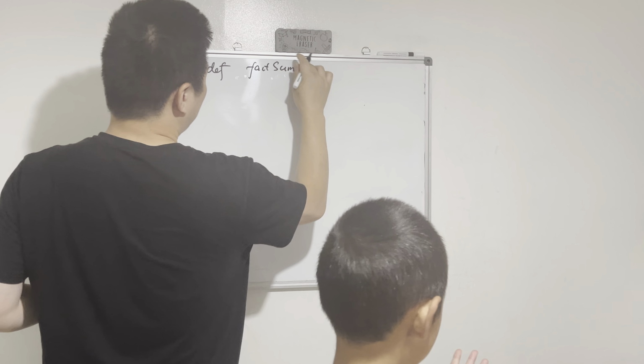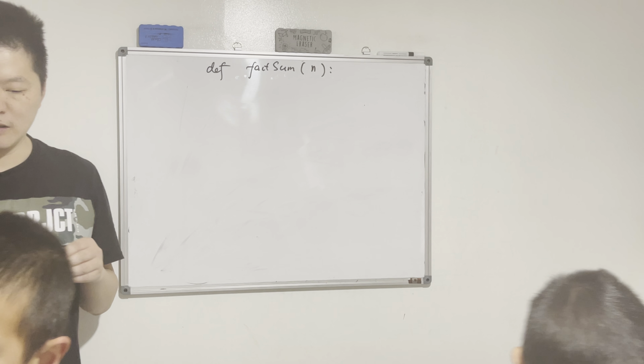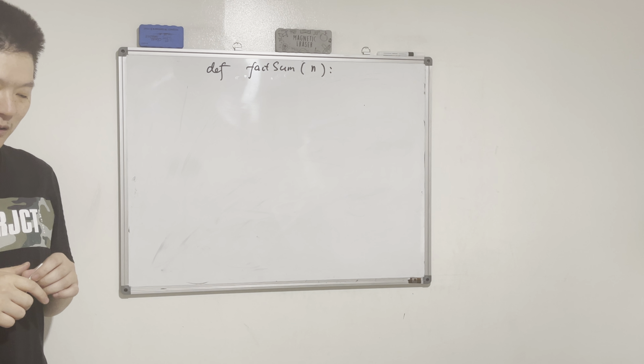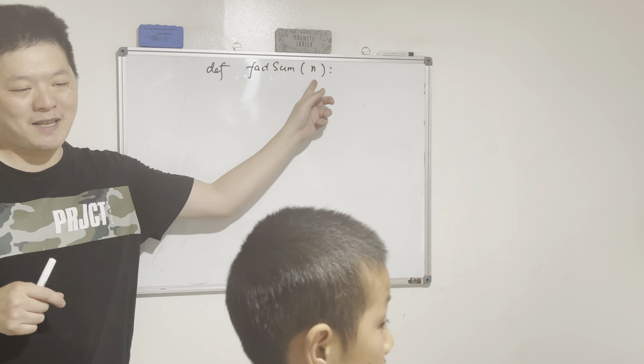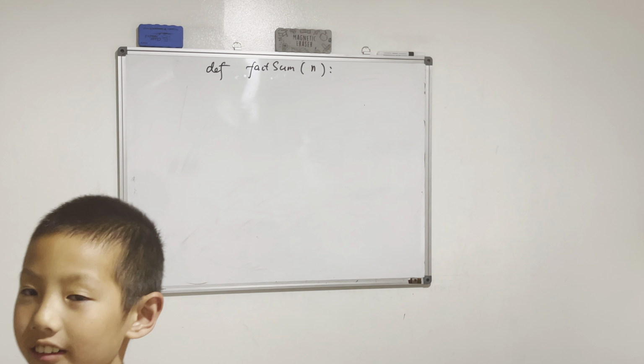The first thing we need to do is find the factorials that are smaller than or equal to n. And then where are we going to put them? What's the data structure we are going to use to store the factorials?